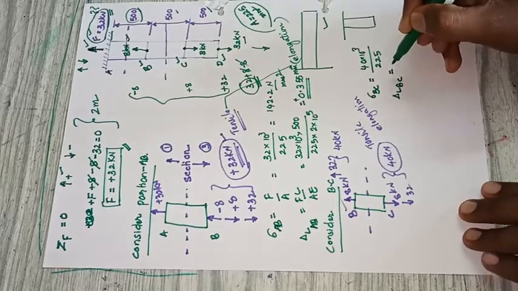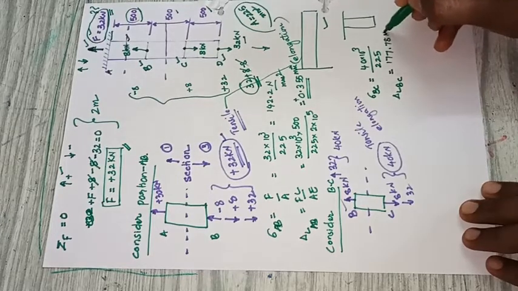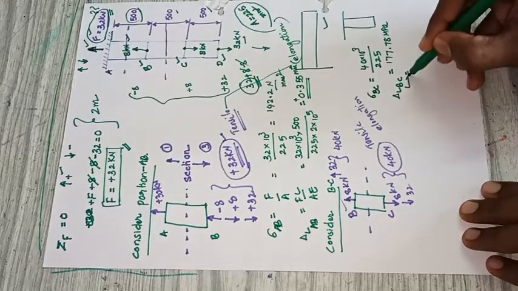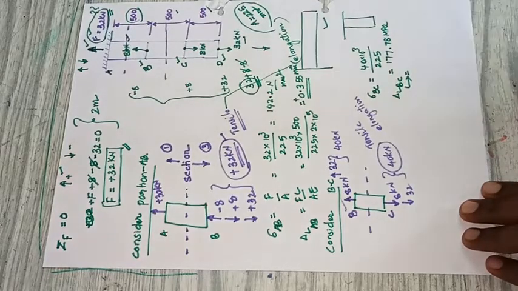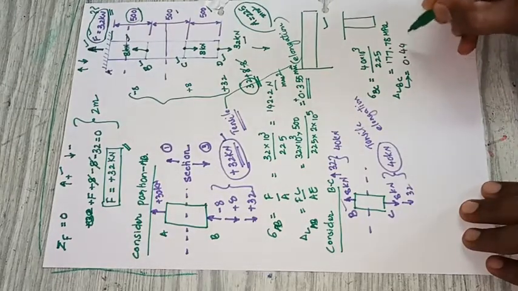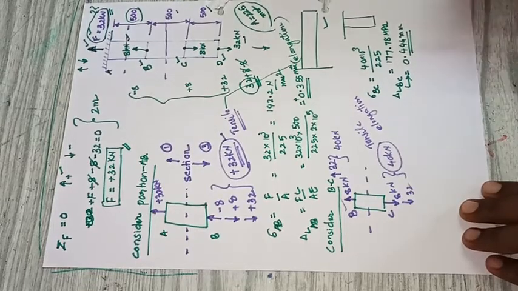So the answer is 177.78 MPa. In the same manner, if I find the change in the length, substituting all the values, I will get an answer of 0.444 mm. This is the answer.